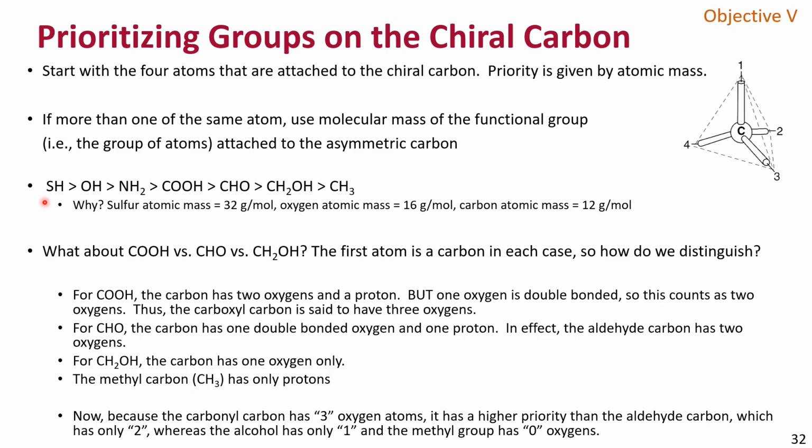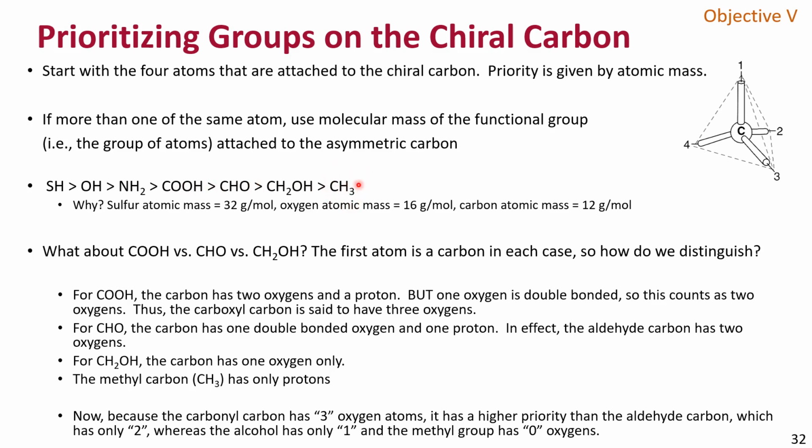You always go by the first atom that's connected. The sulfur is connected to the carbon, or the oxygen is connected to the nitrogen or the carbon. So you either say it's 32, or it's 16, or it's 14, or it's 12. And when you get into which one of these 12s is going to win, it depends on how many oxygens you have.